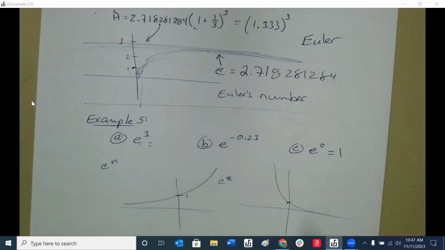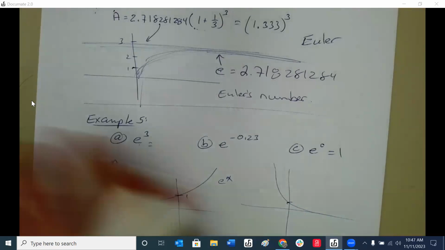All right, so that's what E is all about. And again, E is a button on your calculator that you can just plug in there.